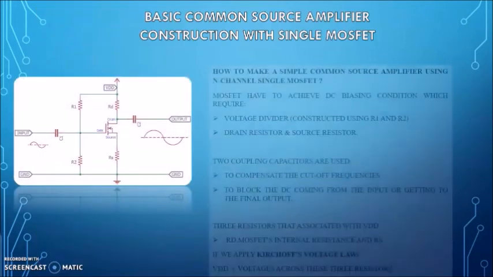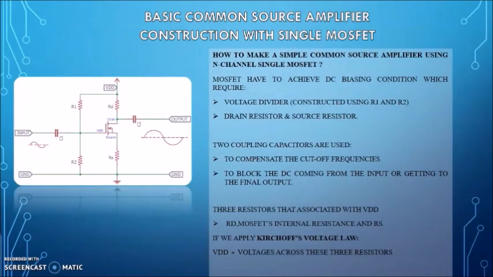Okay, now, how to make a simple common source amplifier using a single N-channel MOSFET. Firstly, the MOSFET has to achieve the DC biasing condition, which requires a voltage divider constructed using R1 and R2, a drain resistor and a source resistor.